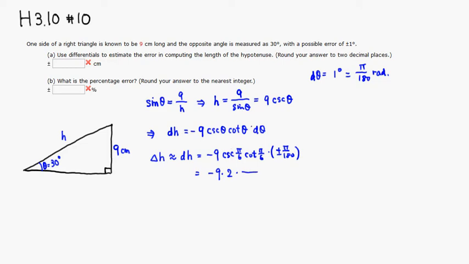Cosine of pi over 6 is square root of 3 over 2, and sine of pi over 6 is 1/2. So we can cancel, multiplying top and bottom by 2. So we get that, and also times plus or minus pi over 180.